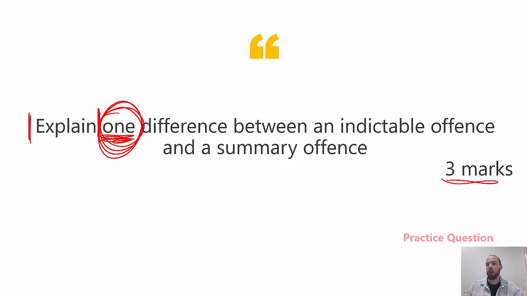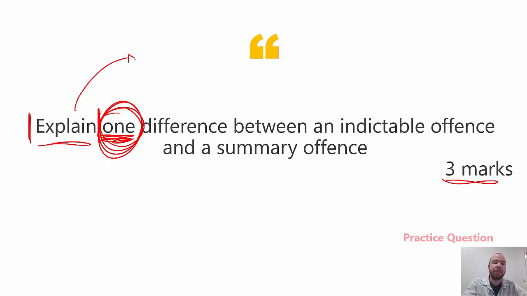And it's the task word that really shows us what we need to do in the question. In a way, it's our map that gives us the directions to how we can get marks here. And in this case, explain is the most common task word we see in legal studies.